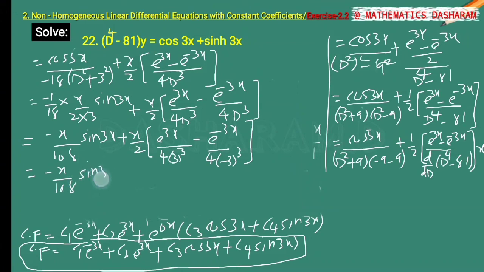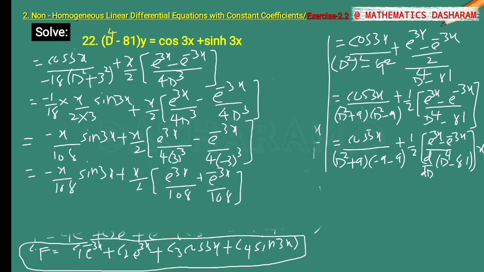So it is equal to minus x by 108 sin 3x plus, do one thing, take the minus x by 108 common, so bracket of sin 3x minus, so let's take the plus x by 108.